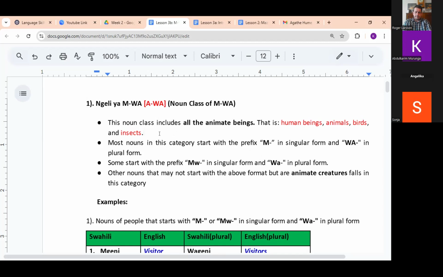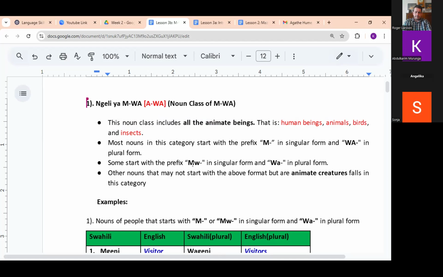They will take the characteristic for the nouns in this group as well with other parts of speech. Most nouns in this category start with M in singular form. This is just to help us identify them, but the main characteristic is this one. Most nouns start with M in singular form and wa in plural form, like mtoto, watoto, mwalimu, walimu, mwanafunzi, wanafunzi.